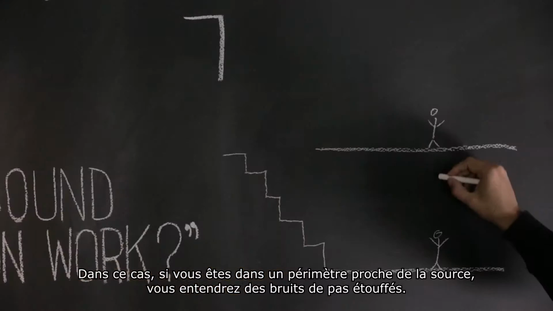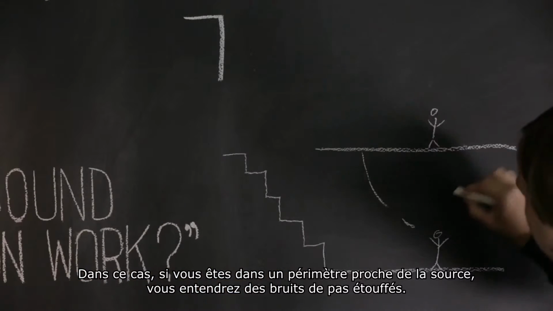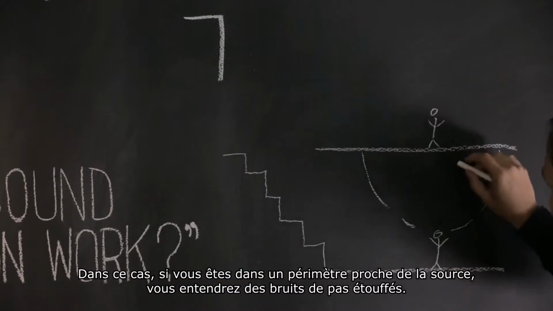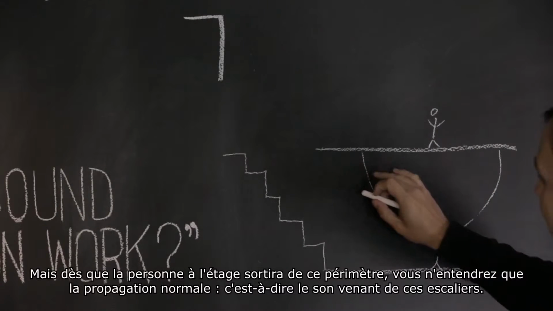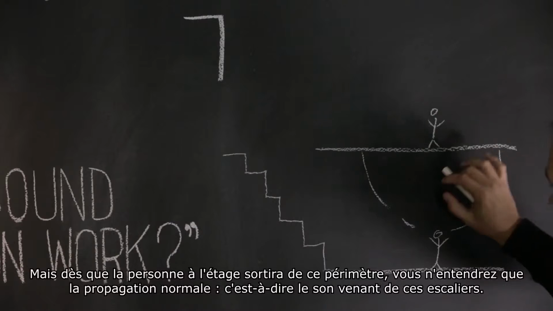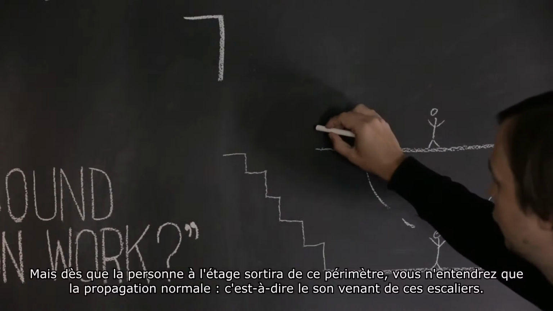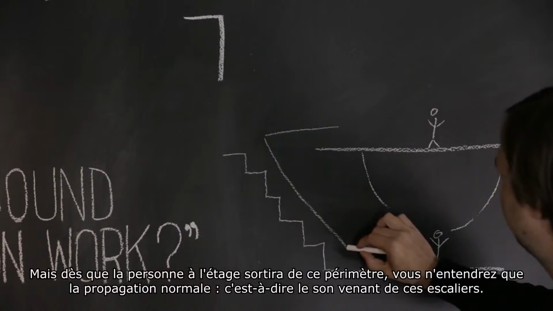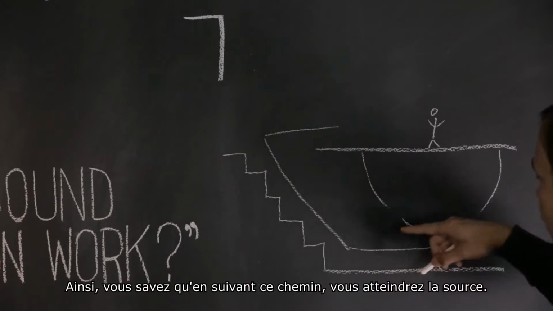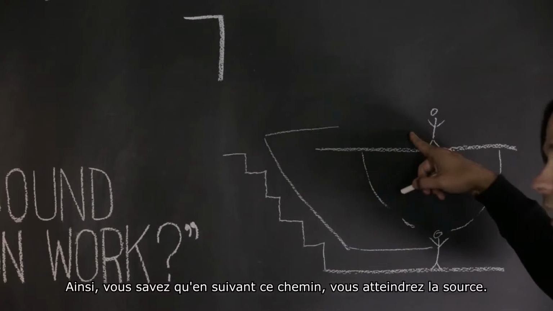So in a certain vicinity from hearing, you're going to hear these muffled footsteps. As soon as they get out of that type of sphere, you're going to hear the normal propagation. So you're going to hear the direct sound coming from those stairs. So you're going to know that if you follow that path, you're going to get to him.